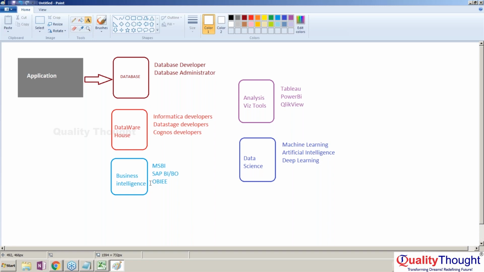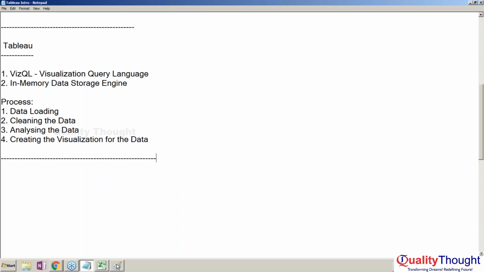Now let me ask you one more. Can you tell me any one designation related to data warehousing? Santosh, good. Informatica developer or Cognos developer. Excellent. Nawaz Ali.